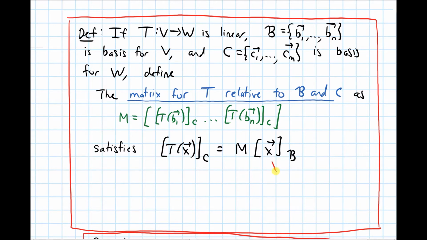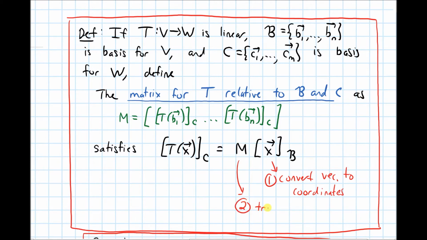When we talk about the B coordinate vector of x, we're converting the vector x to coordinates, and we're doing that first. And then we multiply by the matrix M, so we'll do that second.